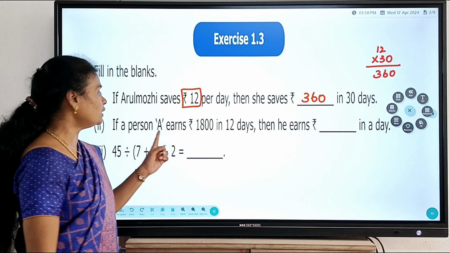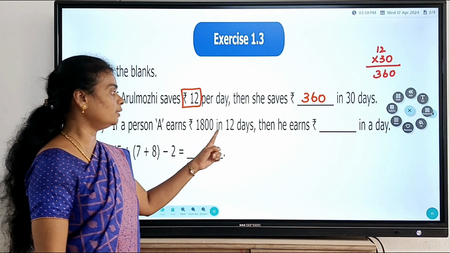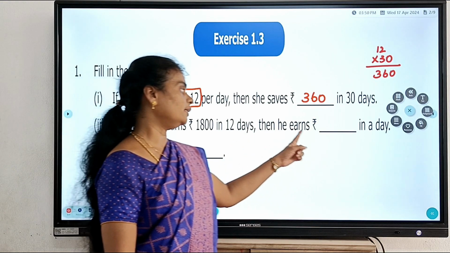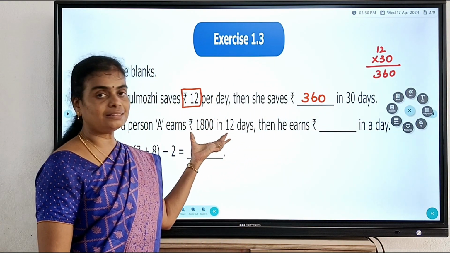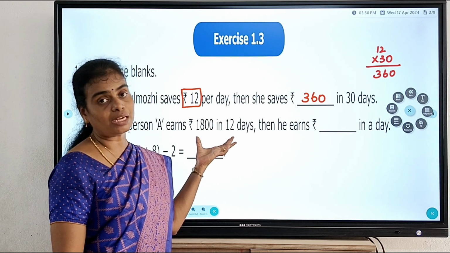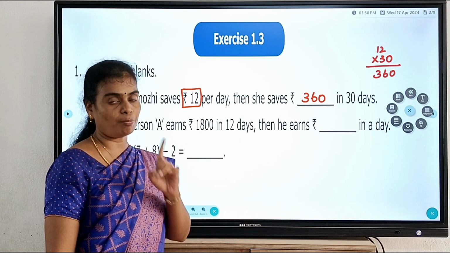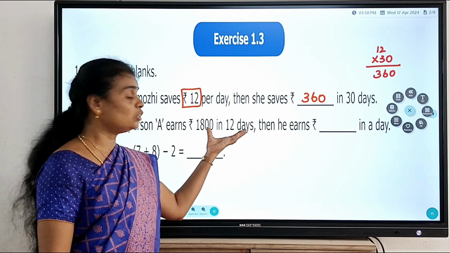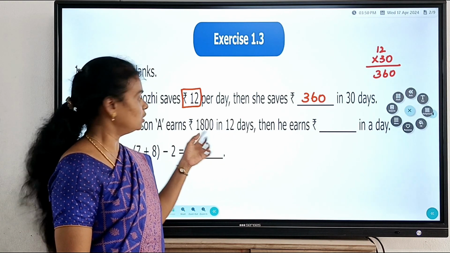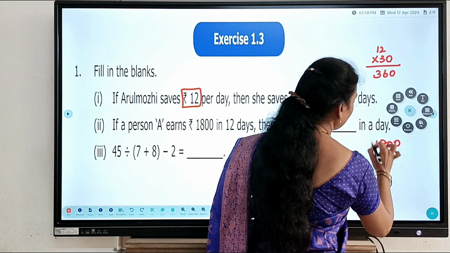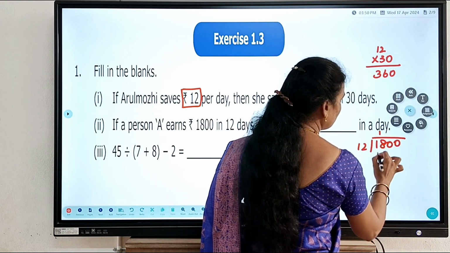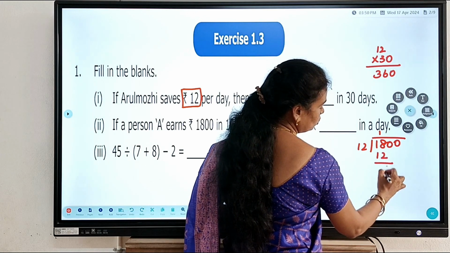Next one: if a person A earns 1800 in 12 days, then he earns dash in one day. When the value of many days is given and you are asked to calculate the value for one day, you get the answer only by division. So 1800 divided by 12. 12 ones are 12, 18 minus 12 is 6.